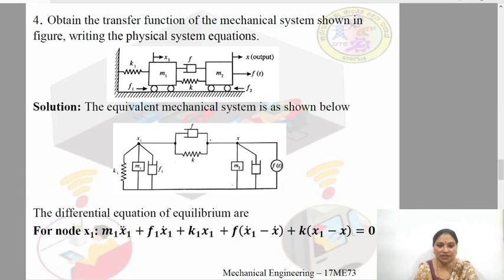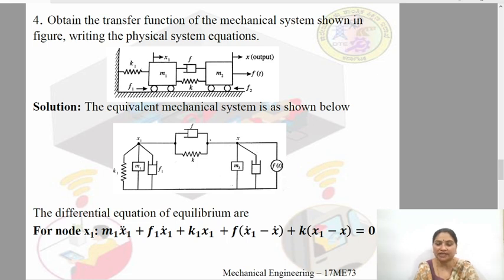The solution consists of the equivalent mechanical system. Here we have two displacements x1 and x, so we have shown two nodes. Both these nodes have in between them the damper f and the spring k, so we show a damper and a spring.